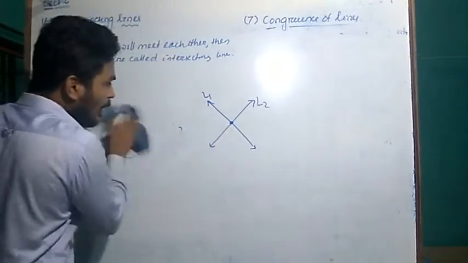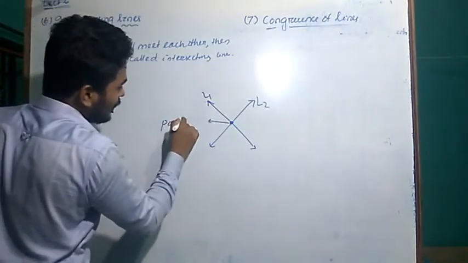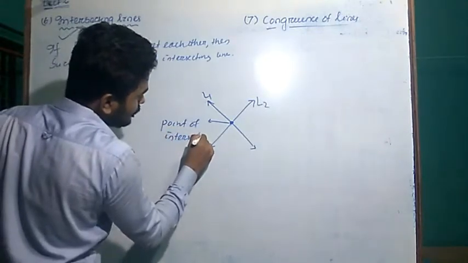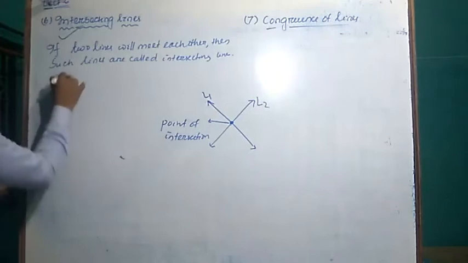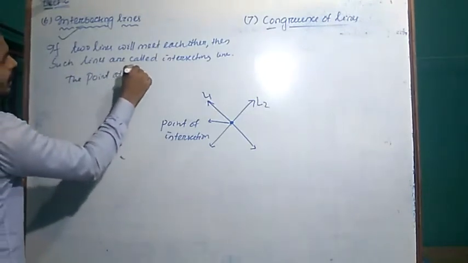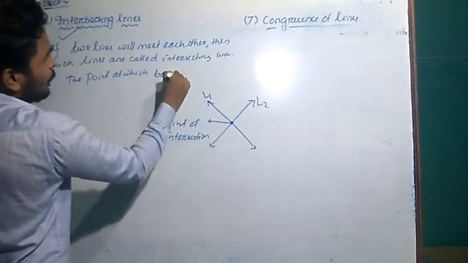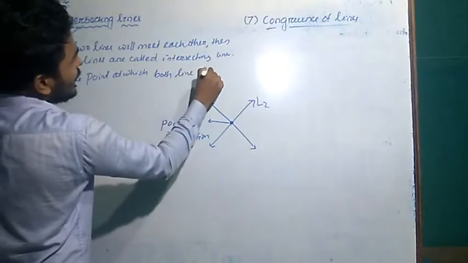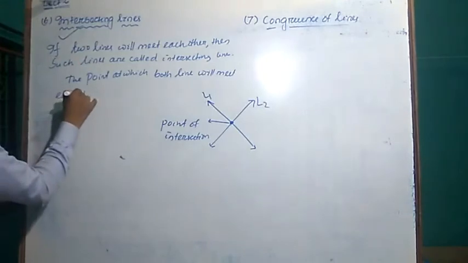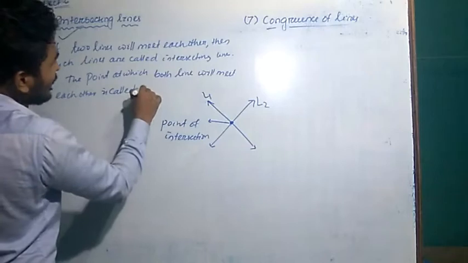Such a point is also known as the point of intersection. So the point at which both lines meet each other is called the point of intersection.